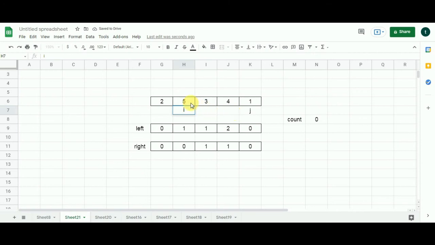Here I have 5. I represents 5. Is 5 greater than 1? Yes, it is. So count variable gets incremented by 1. Now j moves one cell to the left. Here I represents 5, j represents 4. Is 5 greater than 4? Yes, it is. So count variable increments by 1. So it becomes 2. Now j goes one cell to the left.